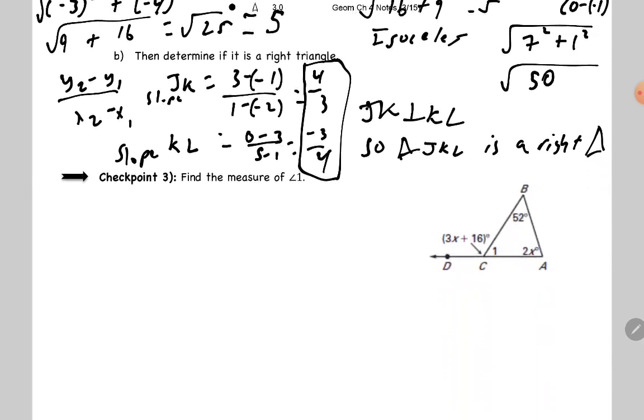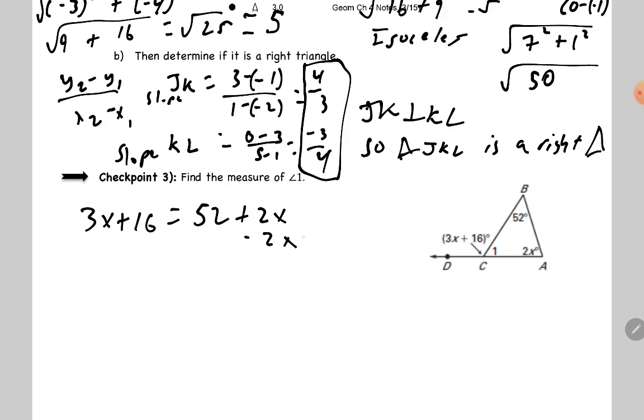Checkpoint 3, find the measure of angle 1. Once again, the exterior angle, 3x plus 16, is equal to the sum of the non-adjacent other two angles. So 52 plus 2x.